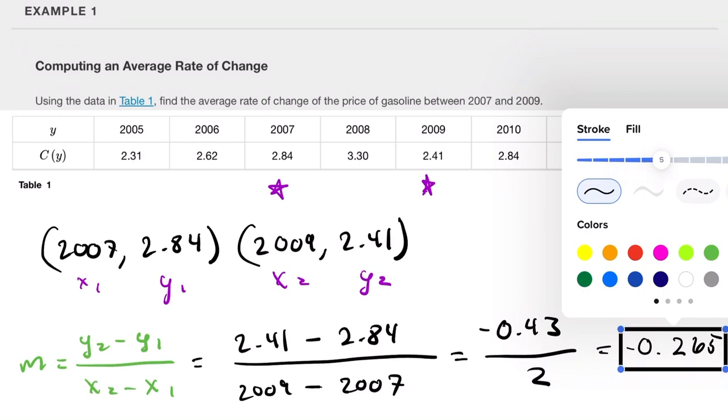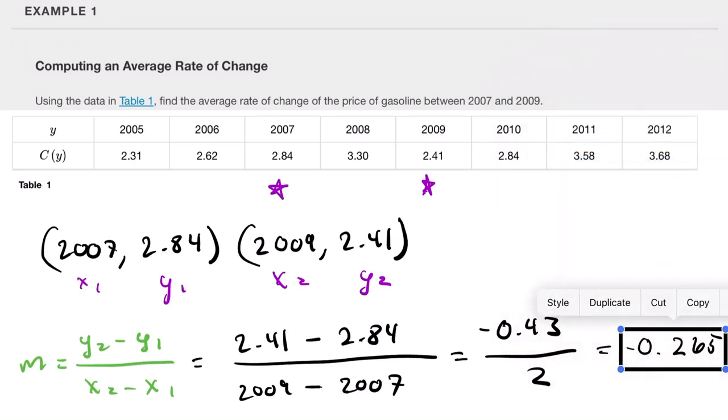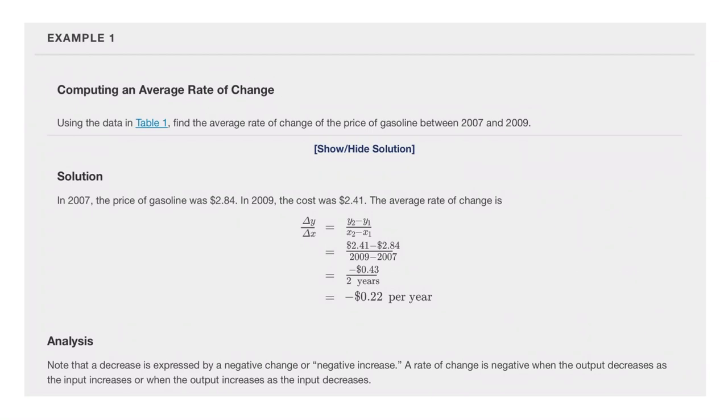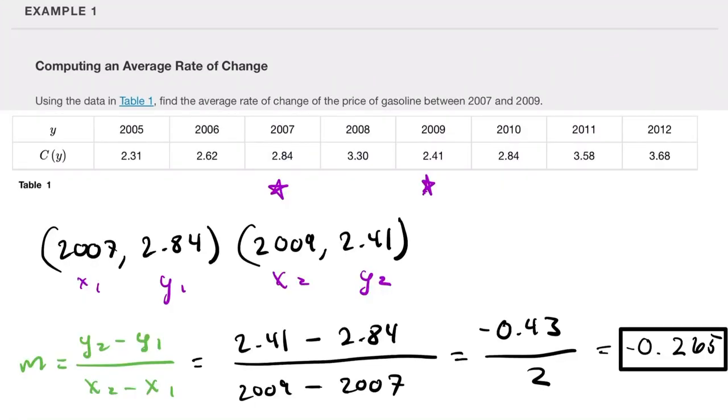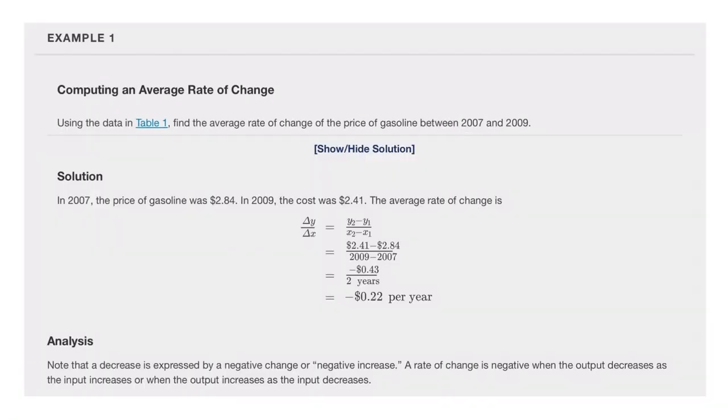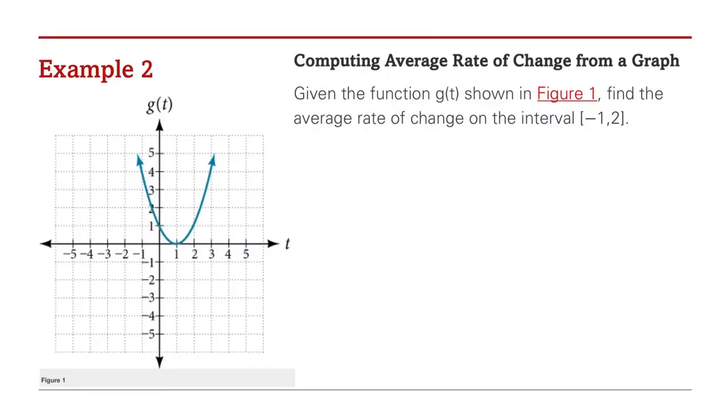Okay, right here. And let me get a copy of this. All right, so this is the result we got. So let's see, how do we do? Negative 0.43 divided by 2. Maybe I did my division improperly.